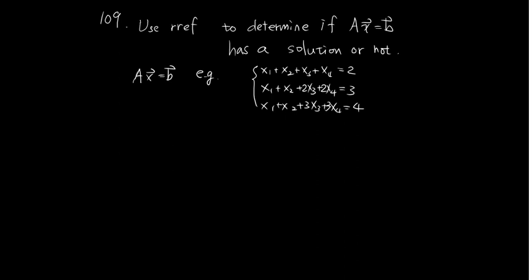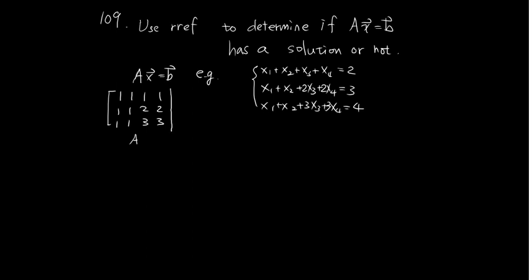But just like what we did here, it's a lot of variables. We don't want to write the variable all the time. So we will write all the coefficients here. So this part is A. And there are some coefficients on the right-hand side. It is not part of the variable, it's a constant.